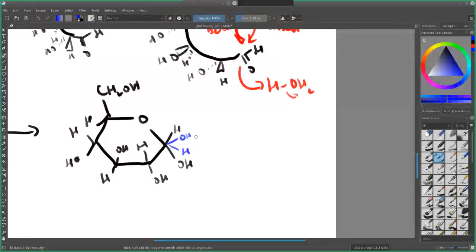Okay. So what I've drawn here in black is the alpha form, and what I've drawn here in blue is the beta form. Okay. And alpha and beta are called anomers.